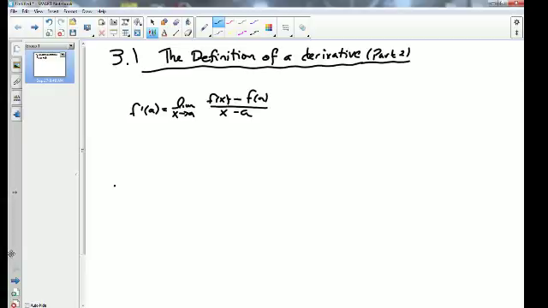There's another definition that's just as commonly used as that one. That one is based on secant lines.